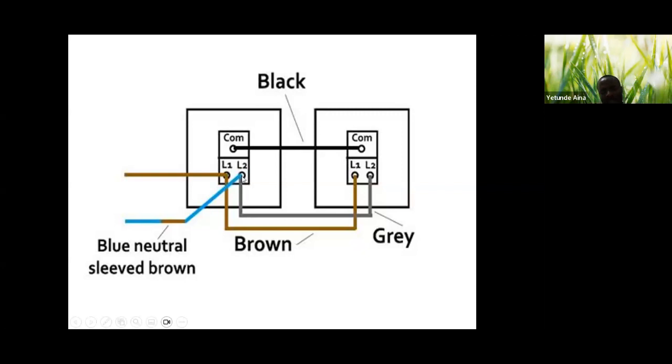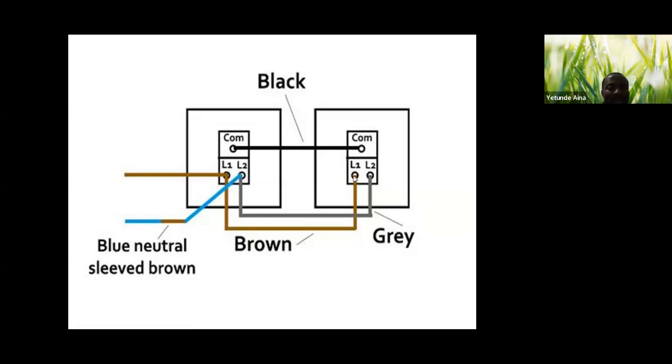So now, if this has been done to the first switch, what we now need to do is to establish a connection between that and the other switch. So what we're going to do now is that you will connect line 1 of the first switch, the one at the top, to line 1 of the switch at the bottom of the stair.